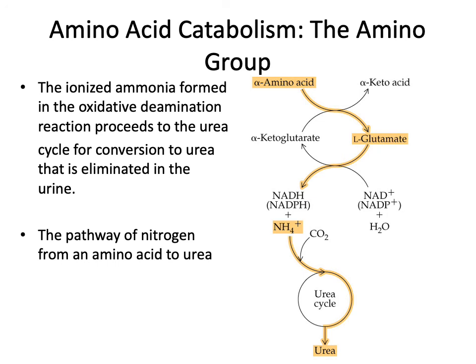So in the diagram, the orange line follows the amino group. Then that glutamate can be converted back into alpha-ketoglutarate by releasing the ammonia, which then feeds into the urea cycle, and is converted into urea.